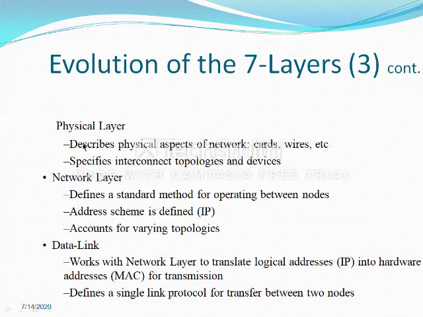The physical layer describes the physical aspects of the network. What are the physical aspects? Cords, wires, etc. It also specifies interconnect topologies and devices. What are the different topologies?